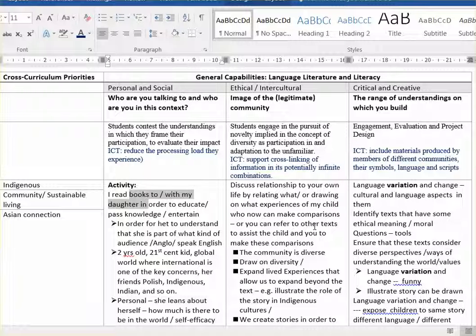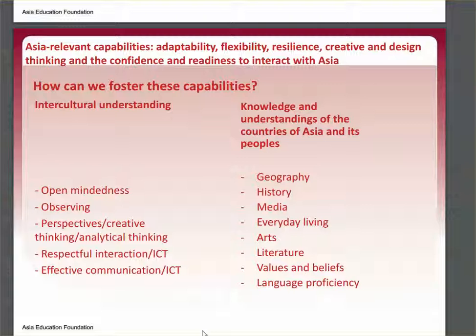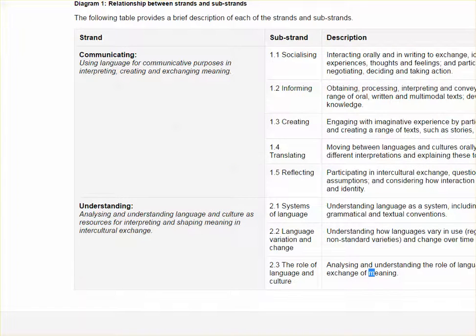After actually we analyzed what would it mean to read a book to a child in Australia, by an Australian parent. What would it mean? After we've analyzed, and this is not finished. So we didn't just analyze the capabilities and not only those priorities, we also went to the curriculum and we looked at the structure.